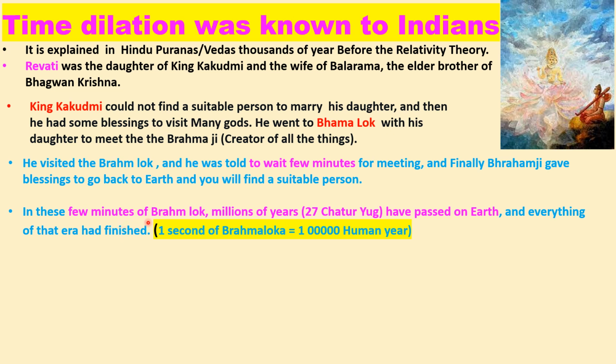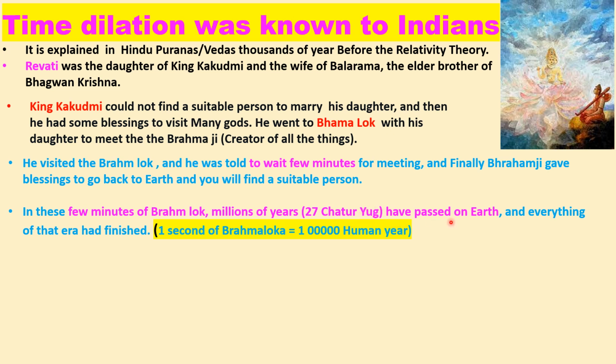And in the few minutes spent in Brahmlok, millions of years had passed on the earth. Around 27 Chaturyug were spent on the earth during the few minutes he had spent in Brahmlok. And 27 Chaturyug means, one Chaturyug means four yugs, and one yug is also thousands of years.